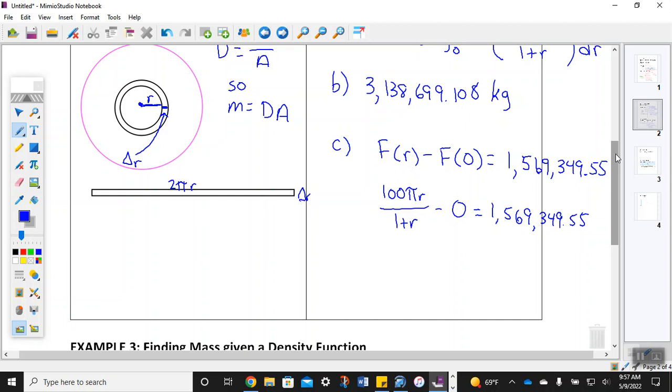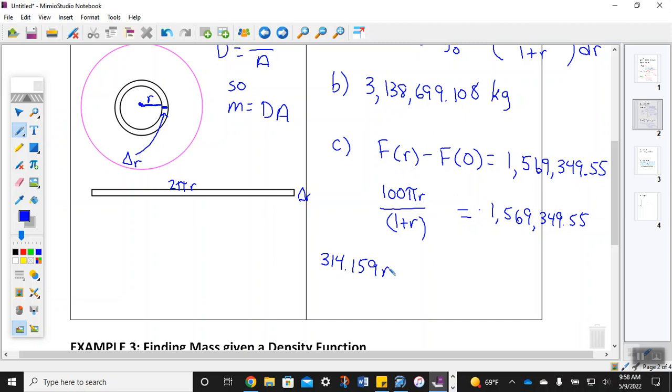Okay. So here's how this is going to work. I'm going to multiply both sides by 1 plus r, but first things first, isn't that minus 0 just going to go away, right there? So I'm going to go ahead and distribute 1 plus r to the right side to get that out of here. So we're going to have 100 pi r, which is really 314.159 r.